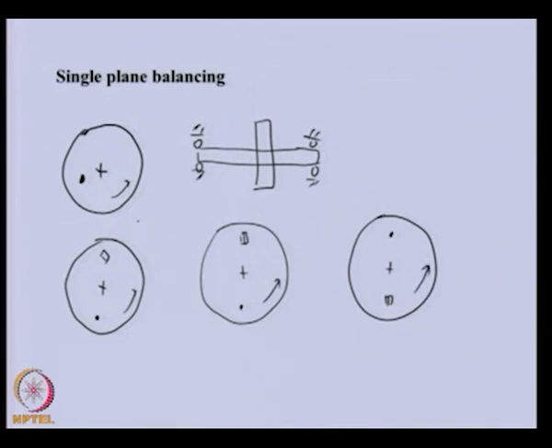If the rotor stops at indifferent positions, once here, the second time like this or any other position, all the time when we rotate this rotor, whatever marks are there come at indifferent positions. That means now the rotor is balanced.